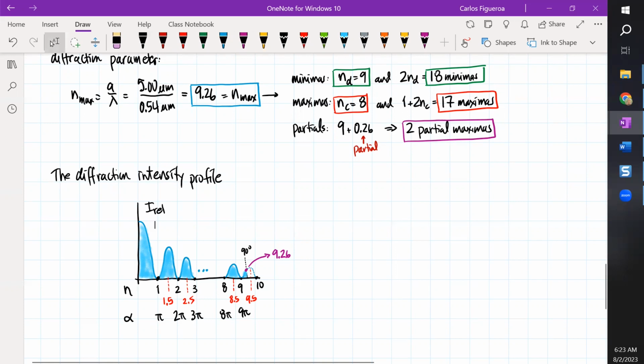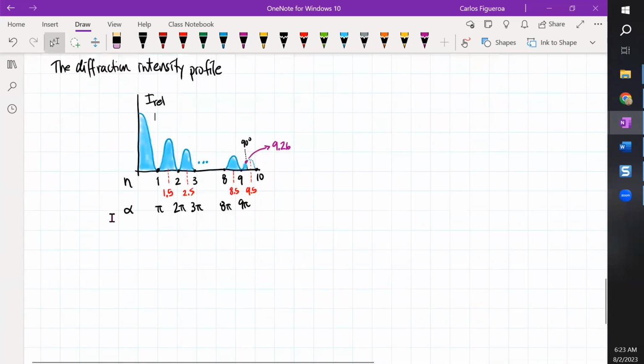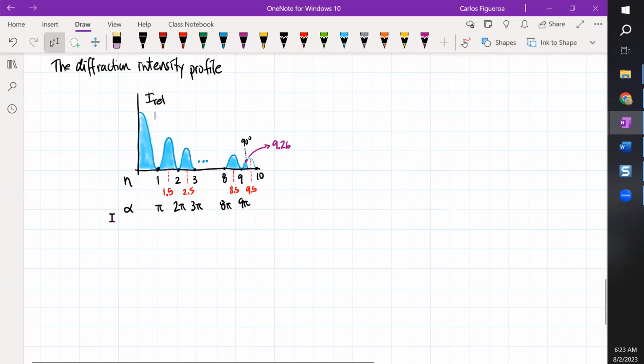So now what I want to do here is calculate the angular and screen locations for the first 4 maximas. Now that's a lot of maximas, but there's a reason to this madness, because we really want to compare the approximated values to the actual values. So here we go.